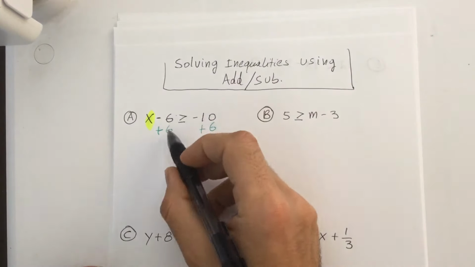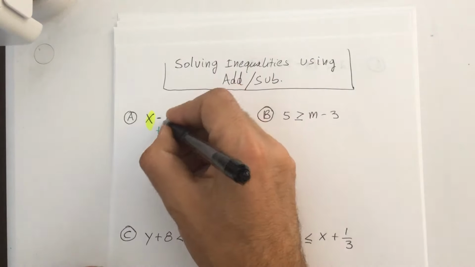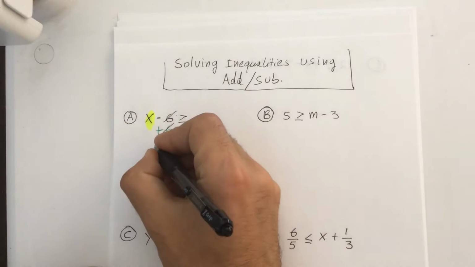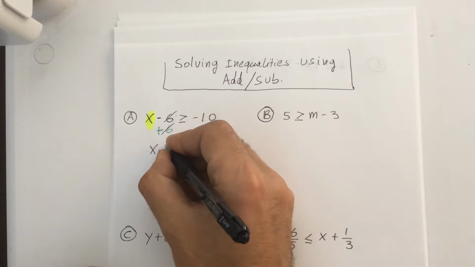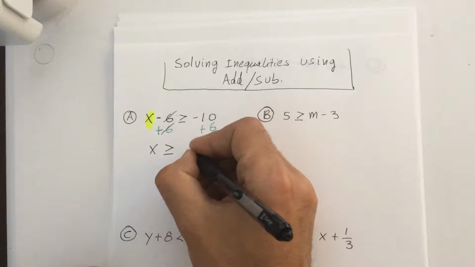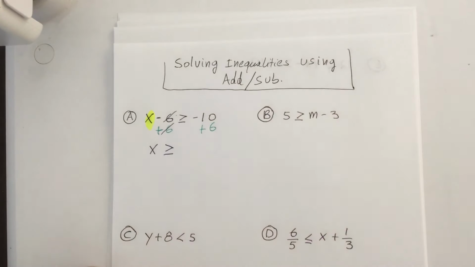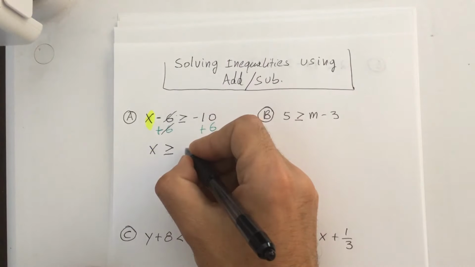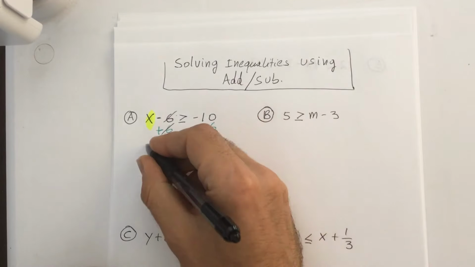Negative 6 plus 6 cancels out, it's a 0. So we got x is greater than or equal to, and then negative 10 plus 6, that will be negative 4. That is my answer.